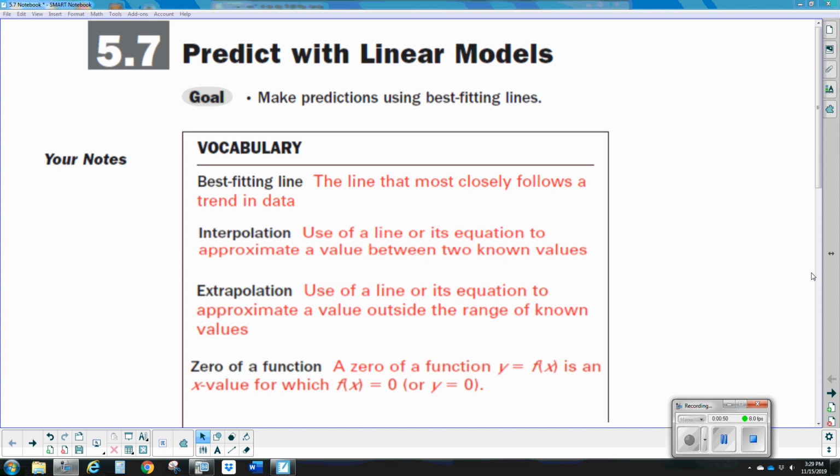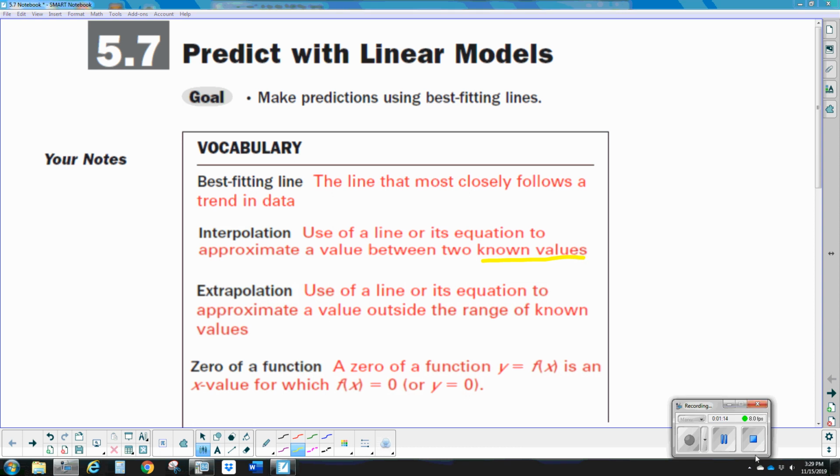Okay, so first, as you have these definitions copied down, let's look at the difference between interpolation and extrapolation. Interpolation is using a line or an equation of a line to approximate a value between 2 known values. Okay, so we already have the values of 2 points.